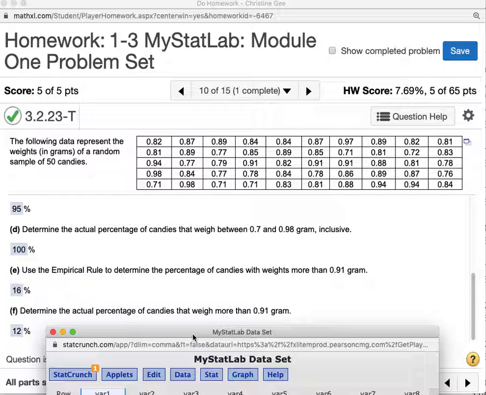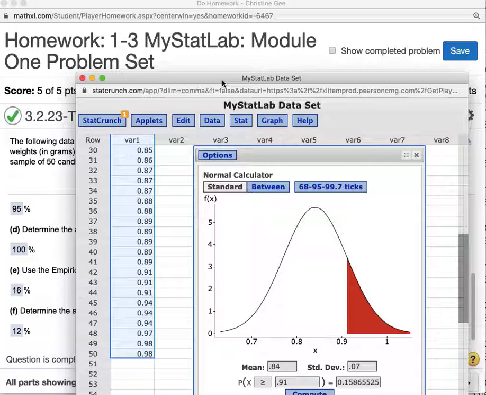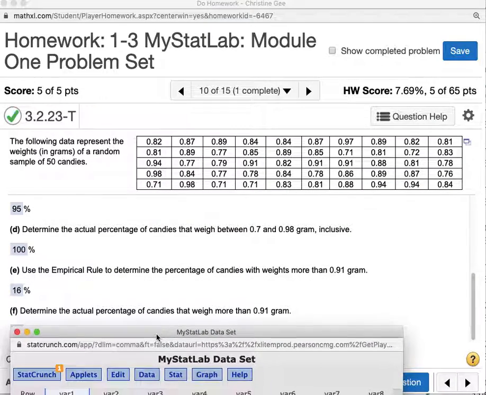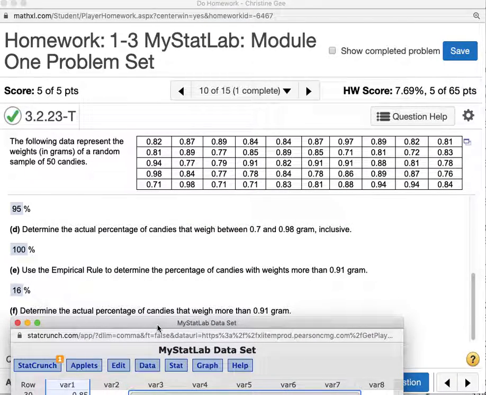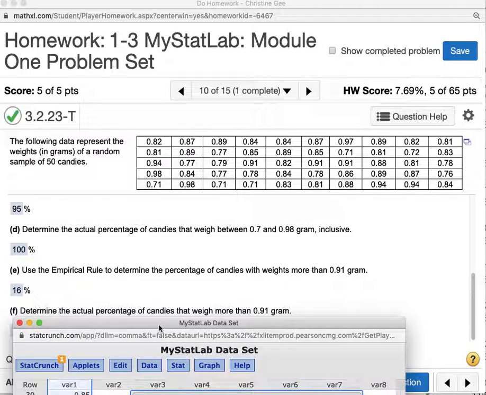And then determine the actual percentage of candies that weigh more than 0.91. The empirical rule is estimating based on the bell curve, and they're asking us to determine the actual percentage, which we have to do with the actual data.